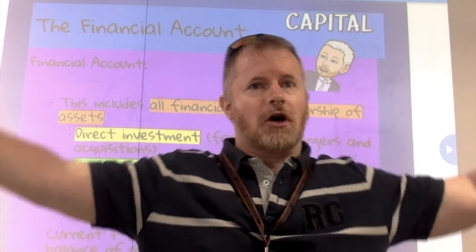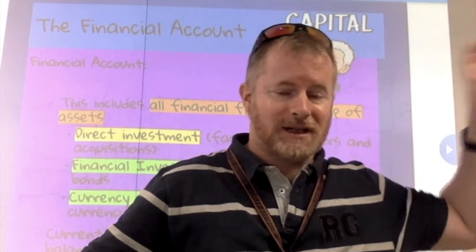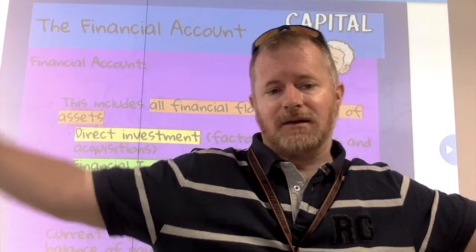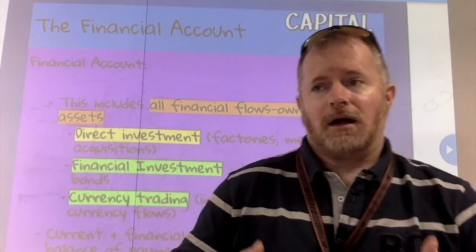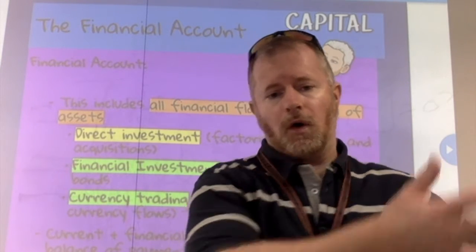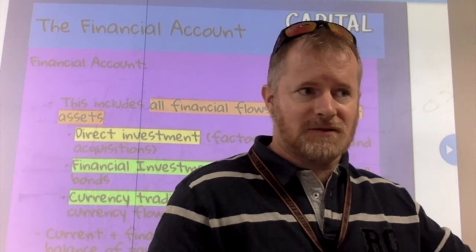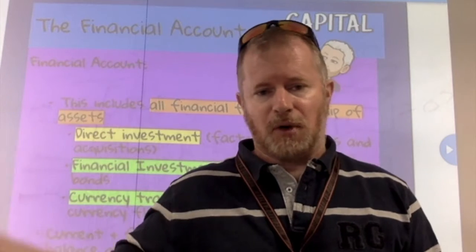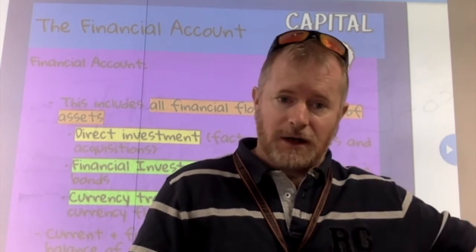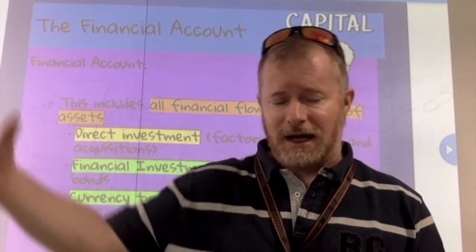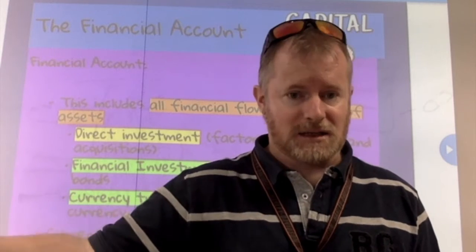The majority of the weighing up of this balance is going to be between the current account and the financial account. The financial account is, if you like, the payment for the current account. So if you have the negative side on the current account, you need to have the positive side on the financial account. If, however, you've got a positive side on the current account, then the financial account, because it's on the other side and it has to balance, actually has to be negative.